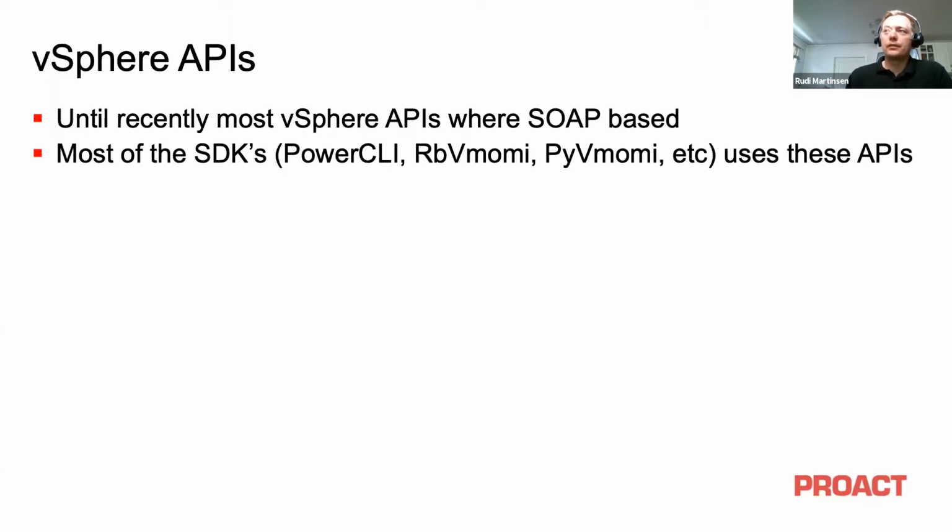And to an infrastructure guy like me, I'm not from a developer background, the SOAP-based APIs are pretty cumbersome to use. But with that said, most of us use them on a day-to-day basis through the SDKs like PowerCLI, the Ruby package, the Python package, etc. All of these are using the SOAP-based API.